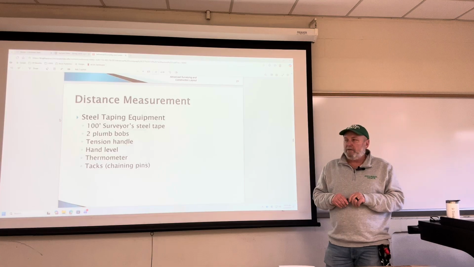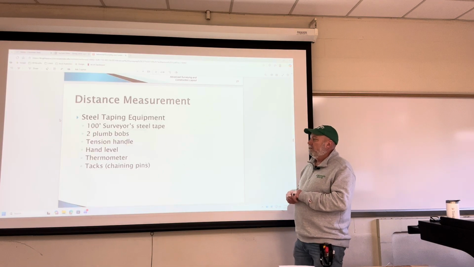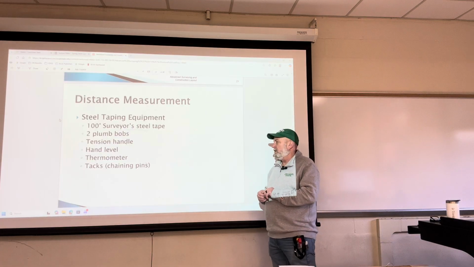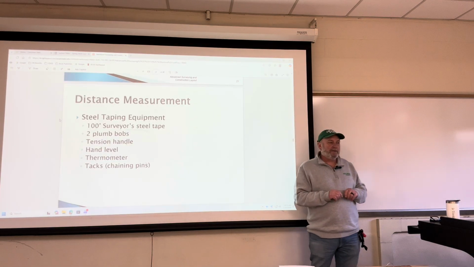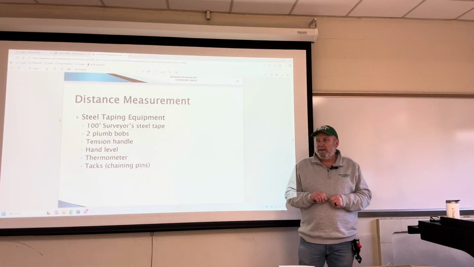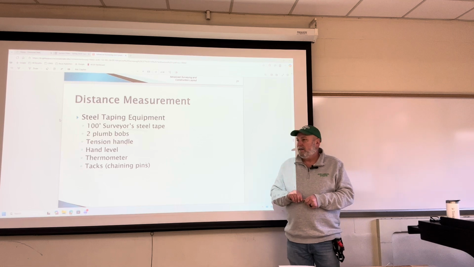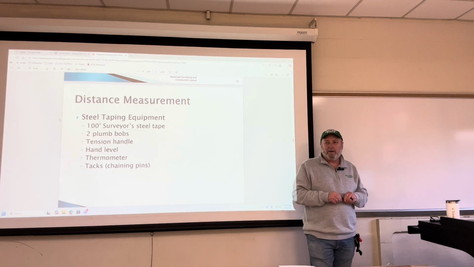What you should have with you would be 2 plumb bobs, tension handle, hand level, I guess a thermometer, and chaining pins.